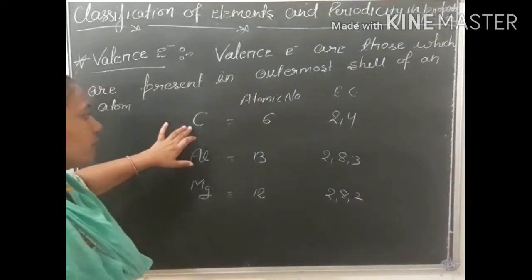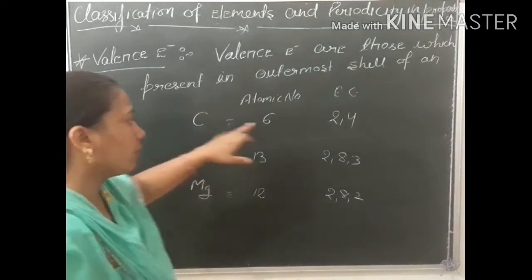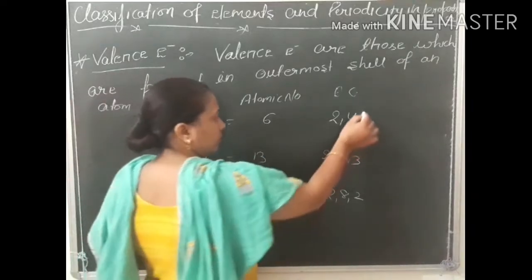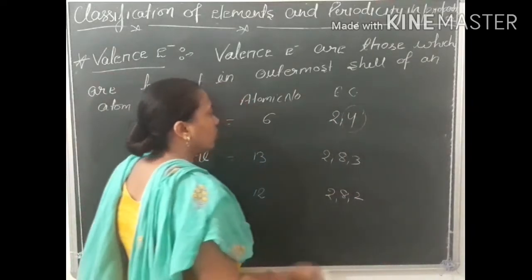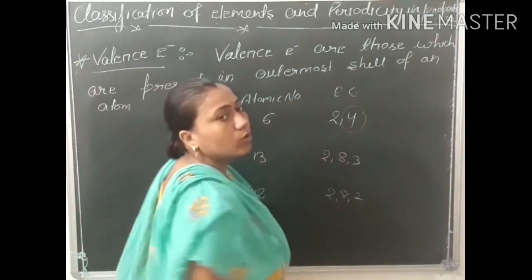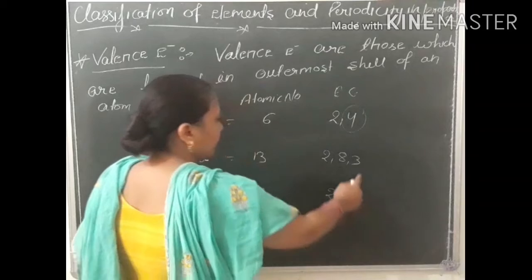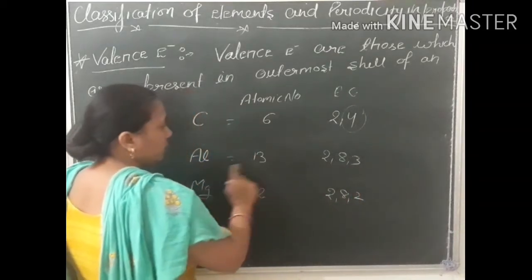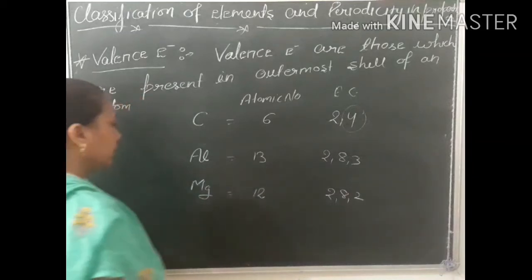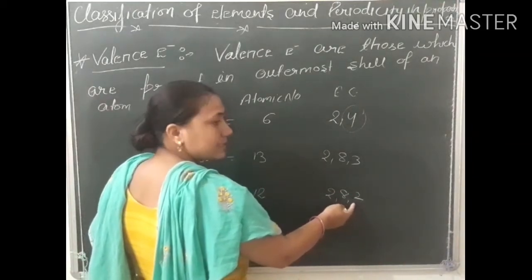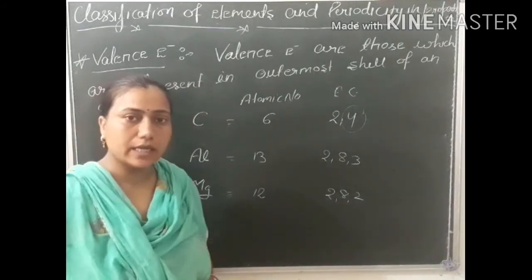Now it is the 14 group of elements. It has 4 electrons. Here 4 is the valence electron for carbon atoms, because 4 electrons are present in their outermost shell. Now in the outermost shell of aluminium 3 electrons are present, so the valence electron for aluminium is 3, and in the case of magnesium the number of valence electrons is 2.